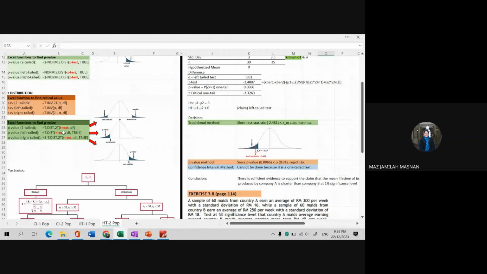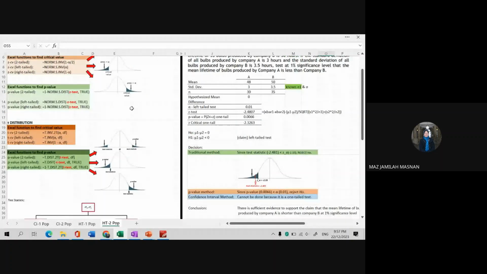I really hope that you can capture that when I say the test statistic, the t-test, the z-test, the z-statistic, it reflects the value along the x-axis. Likewise, the critical value just now, but that one is not based on the test statistic.